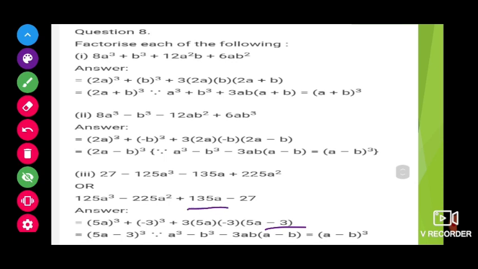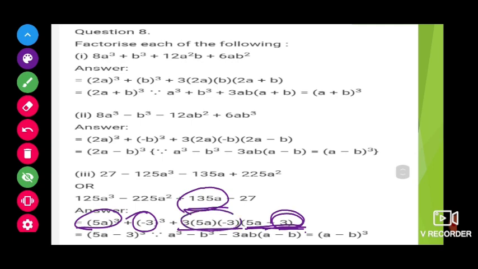If it is big numbers, what we are taking out, divide with this number and you will get the remaining. Or else you can write it blindly, almost all will be in a plus b form. Here a is 5a, b is minus 3. So (5a minus 3).